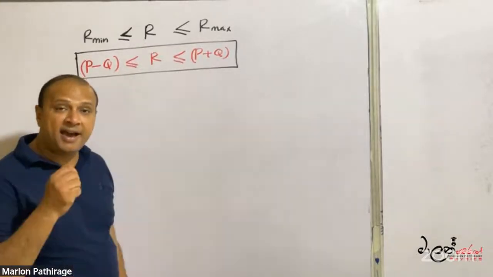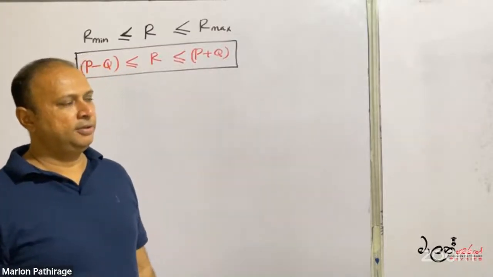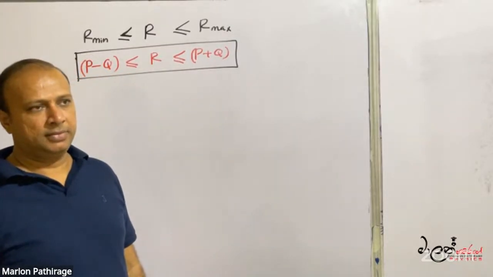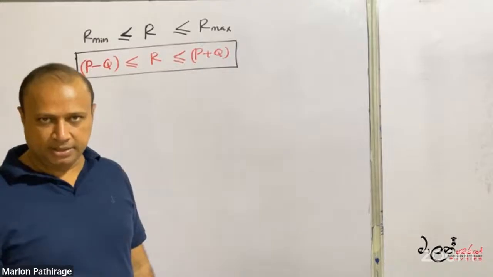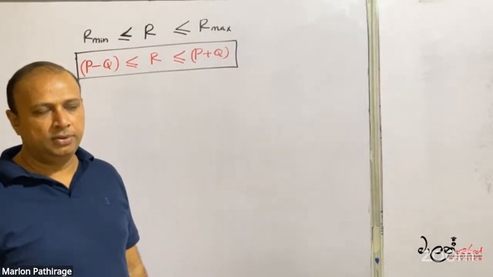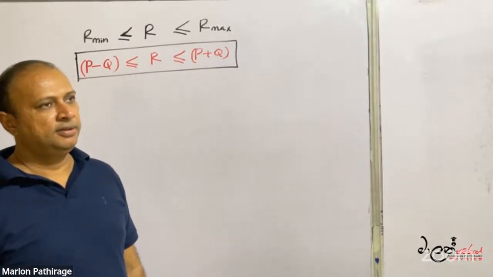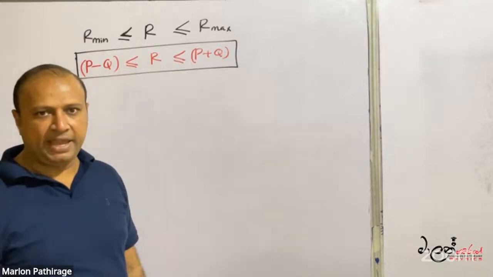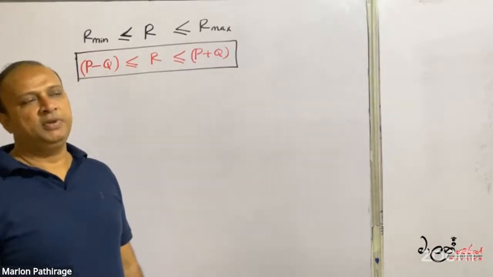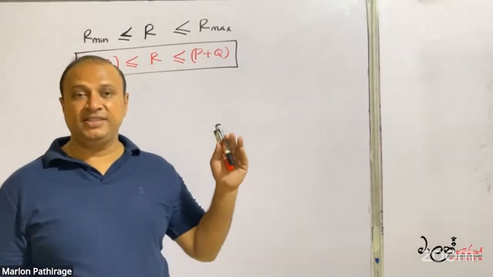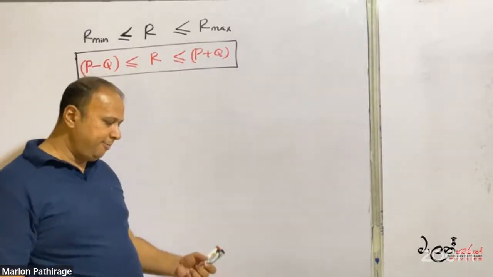That means R cannot get a value which is higher than P plus Q or lower than P minus Q.